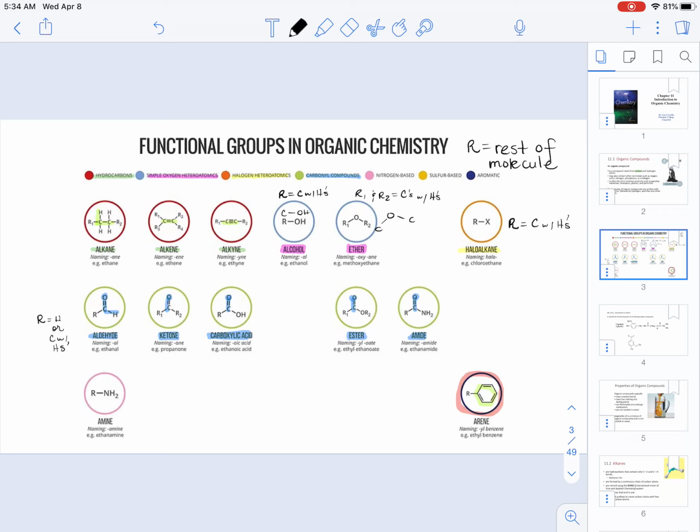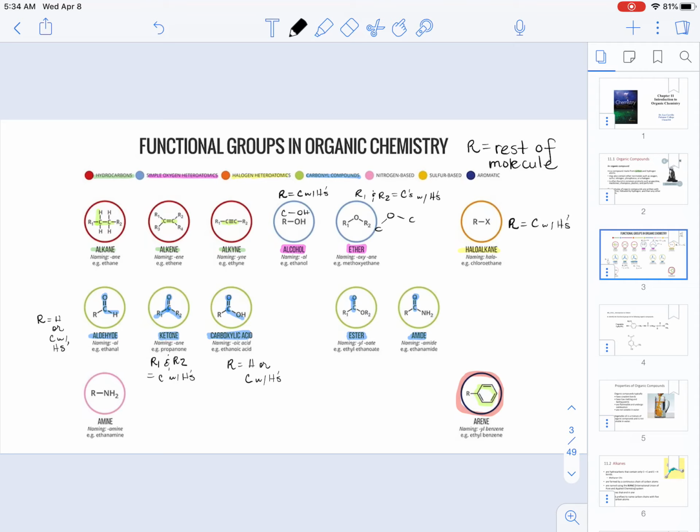In order to have a ketone, on each side of that carbonyl, R1 and R2 need to be carbon with hydrogens. If we have a carboxylic acid, you must have to one side of that C double bond O an OH. And then the R group in that carboxylic acid can be hydrogen, or it can be carbon with hydrogens.